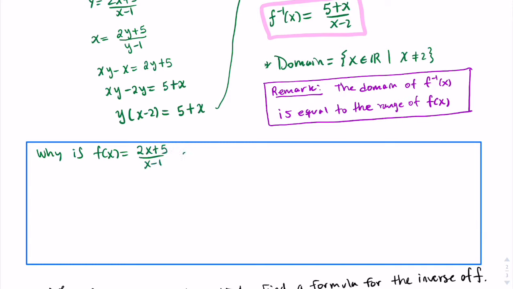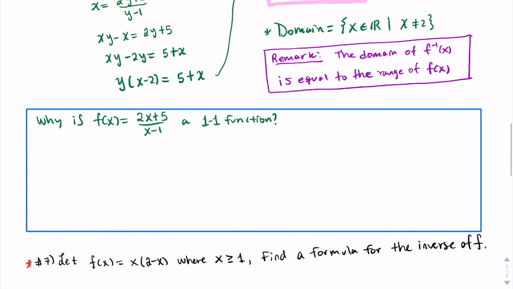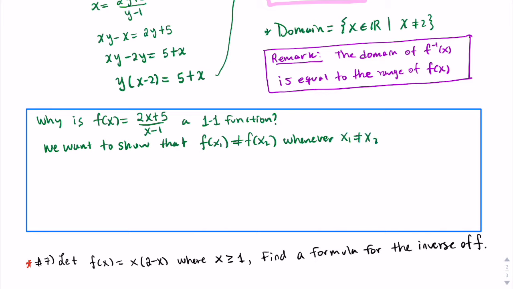Is it a one-to-one function? The way that we do this is that we want to show that f of x1 is not equal to f of x2 whenever x1 is not equal to x2. That's what we want to show.